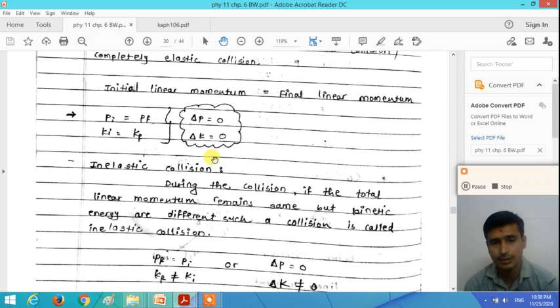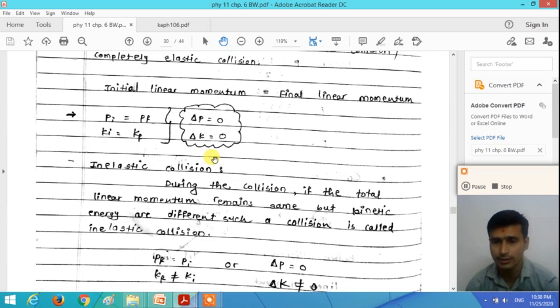In an inelastic collision, the linear momentum before the collision and the linear momentum after the collision are the same, but some of the kinetic energy is converted into heat energy, and some of the kinetic energy is used in the work done against friction between the two colliding bodies, right? So some of the kinetic energy is lost. So in the inelastic collision, the linear momentum is conserved, but the kinetic energy is not conserved, right?